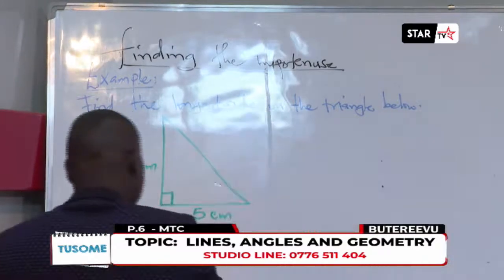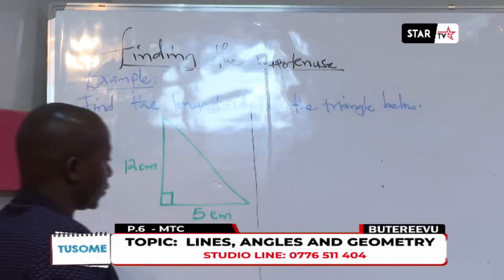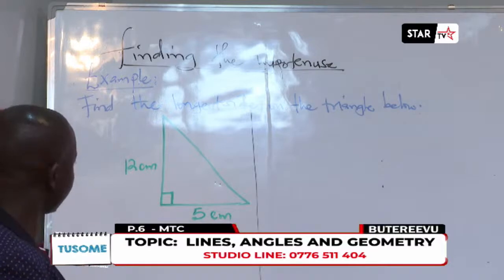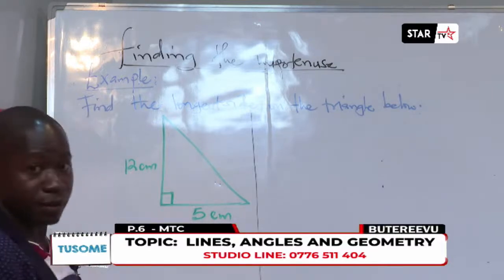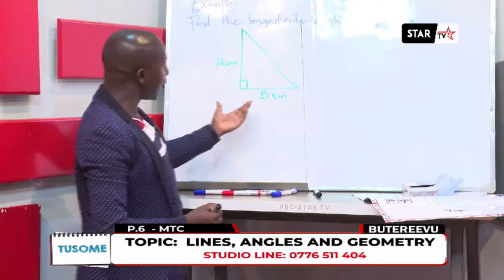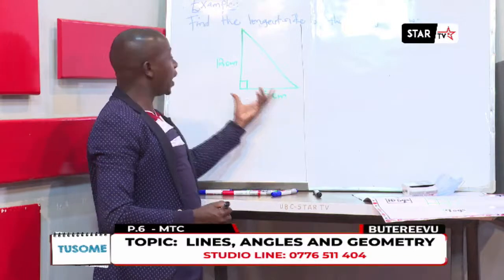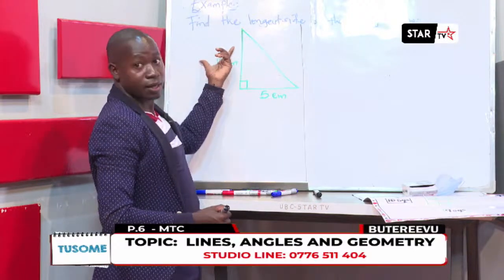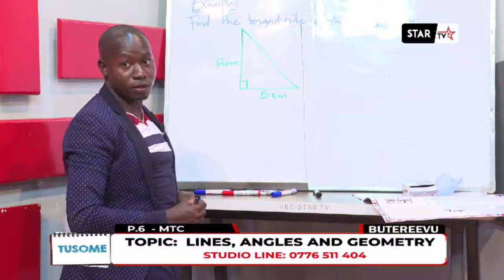This is how we go about such a question. We are going to derive this from our theorem, which states that the sum of the squares on the base and the squares on the height is equal to the squares formed on the hypotenuse.